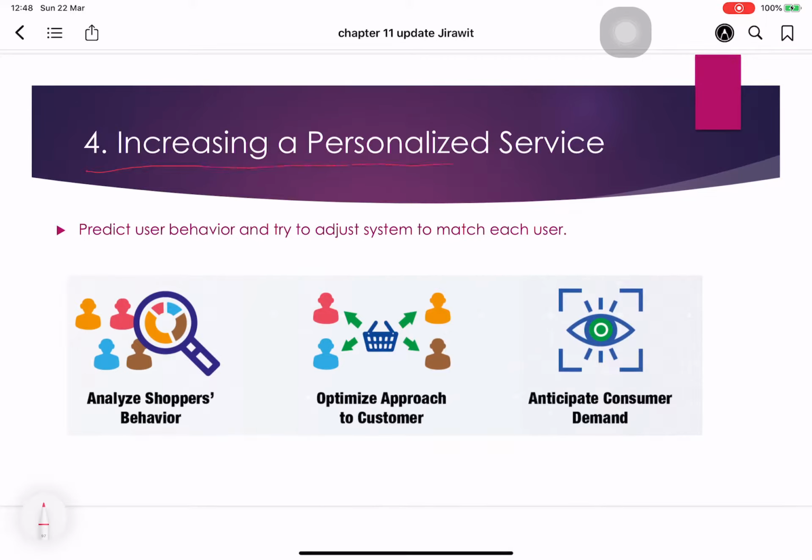Another reason why we have to study data analysis is to increase personal service.